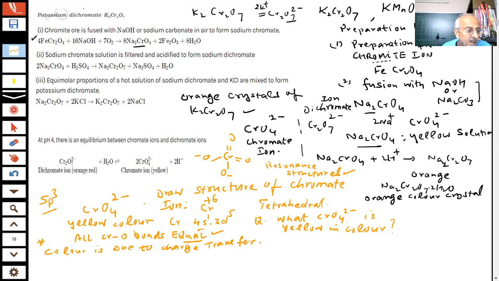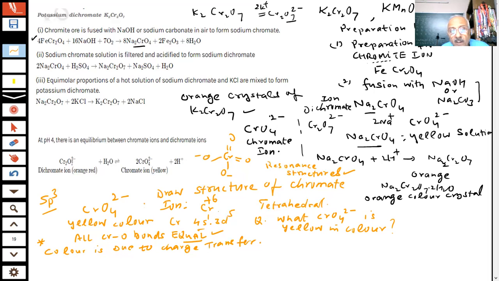What happens is the oxygen atom donates electrons to the chromium metal atom. So there is a transfer of charge from oxygen to metal momentarily. Therefore, there is a color which is yellow in color. These are called charge transfer from oxygen to the chromium metal.